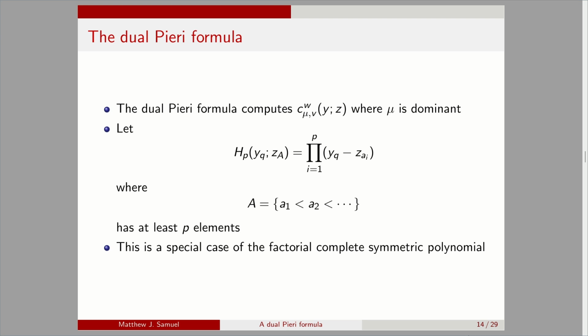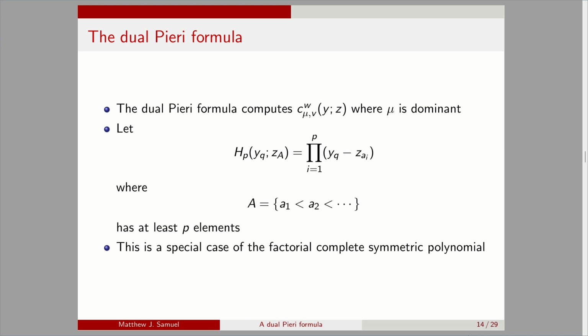So the central topic of this talk is the dual Pieri formula, which computes c^mu_{v,w}(y,z), where mu is dominant. In order to set this up, I'll define these polynomials h_p(y_q; z_A), which is a product as i goes from 1 to p of (y_q minus z_{a_i}), where a_i is the ith element of the set of positive integers A in increasing order.